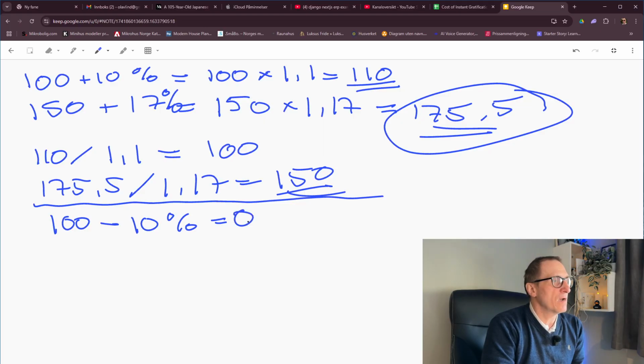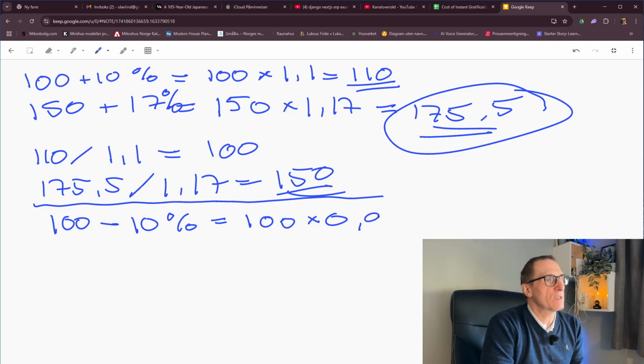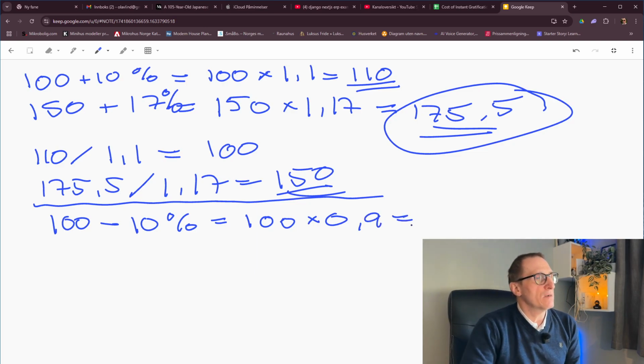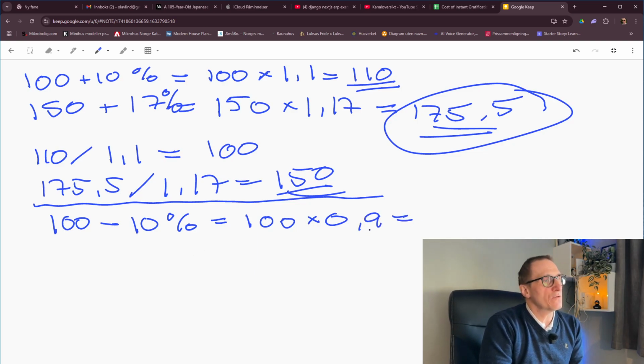So I take my original number 100 times 0.9. That is 0.1 or 10% lower than the original number, which of course is 90.